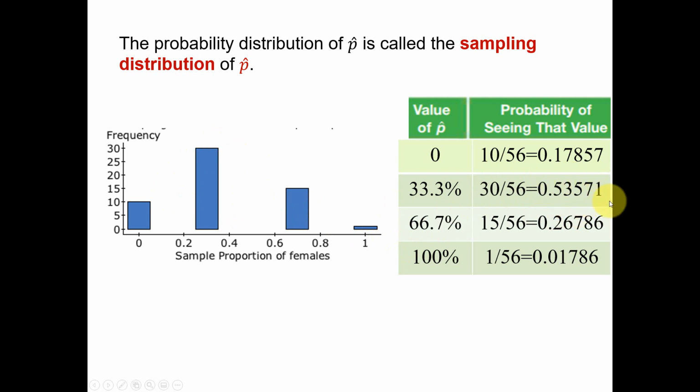About 54% of the time we had a subcommittee with 1 of the 3 members being female. 27% of the time 2 of the 3 on the subcommittee were female, and then only 1 time out of the 56, which is about a 2% chance, all the subcommittee members were female.